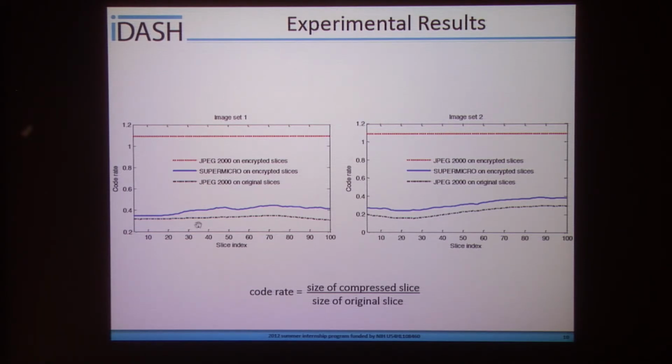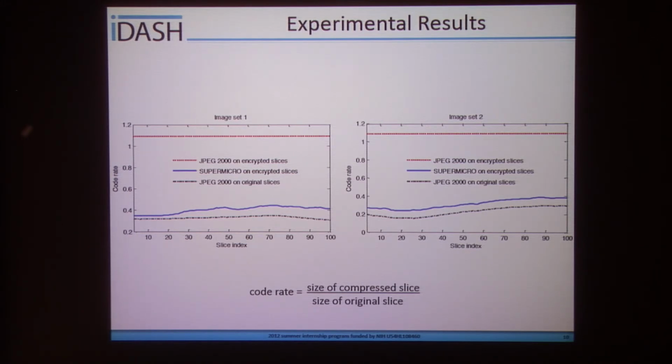Here, the black dash-dot line shows the required code rate for JPEG 2000 on the original slices. This serves as the baseline performance to show how well a slice could be compressed without any encryption. And the red dotted line shows the required code rate of JPEG 2000 on the encrypted slices.